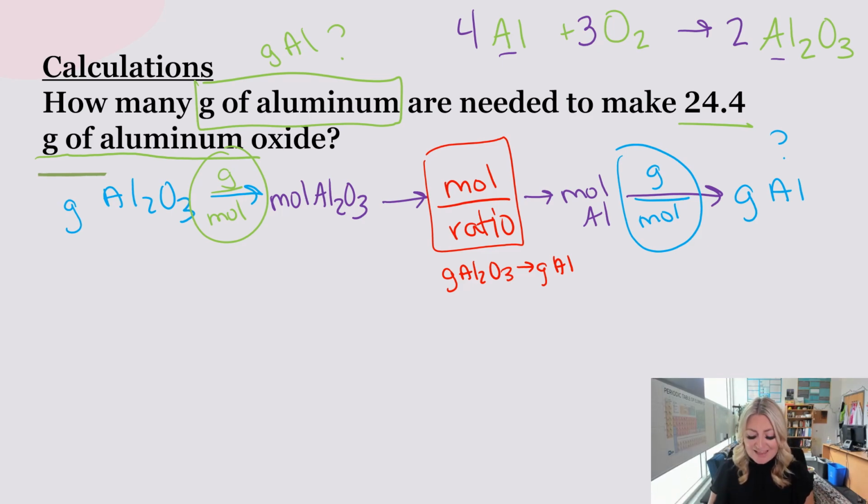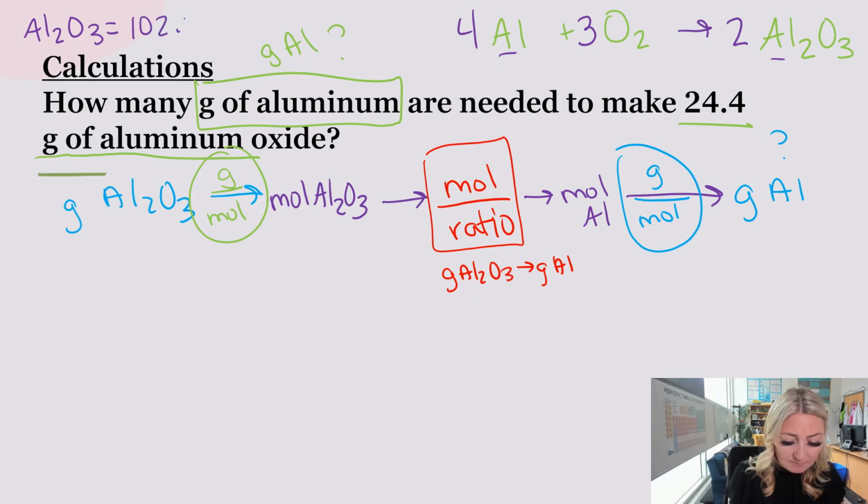I have done the heavy lifting and the hard thinking for this problem. The one thing I'm going to need to be able to just plug this into my T-chart are my molar masses. So to save us a little bit of time, 2 aluminums plus 3 oxygens, I'm just figuring out the molar mass from looking at the periodic table, is 102.0 grams.